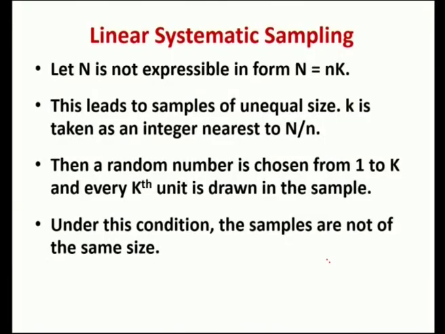If capital N is not expressible in the form nk, this leads to samples of unequal sizes, and k is taken as the integer nearest to capital N by small n. Then a random number is chosen from 1 to k, and every kth unit is drawn in the sample. Under this condition, the samples are not of the same size.